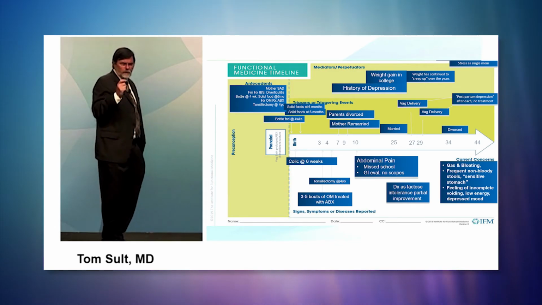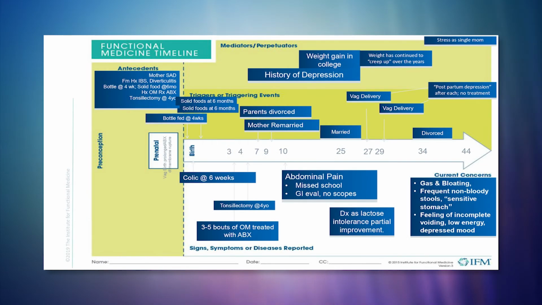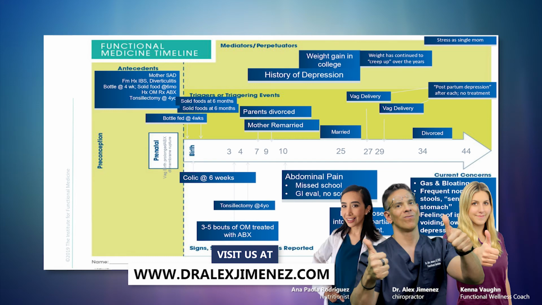Then you had some issues with food very early on, and you had to go to bottle feeding. And that was at 4 weeks, and at about 6 weeks, you have colic. So I think we've got some issues here already. Then the antibiotics that we talked about, more disruption of the gut, and then abdominal pain starting at a pretty early age. You were missing a lot of school.